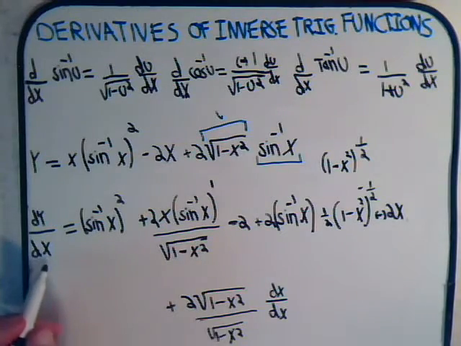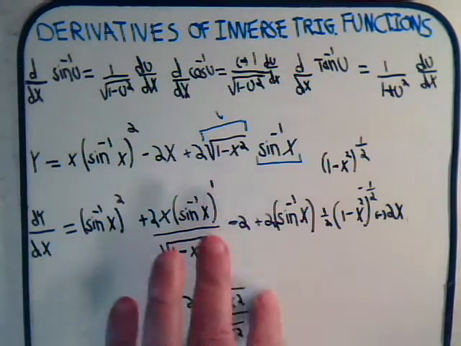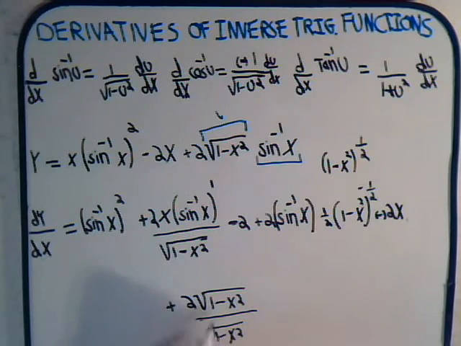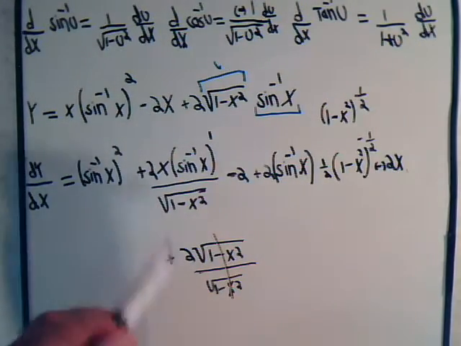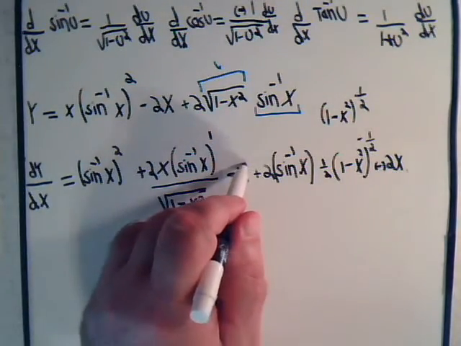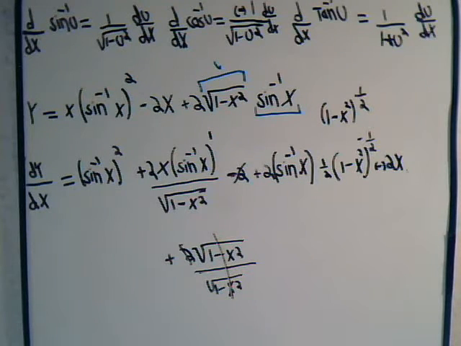We're taking derivatives with respect to x, so that's just going to be 1. And this is just going to be 1 divided by itself. So here we have plus 2, and from this derivative we have minus 2, so these are going to cancel. So let's do away with this and make some room.